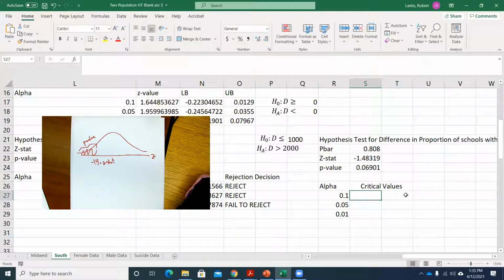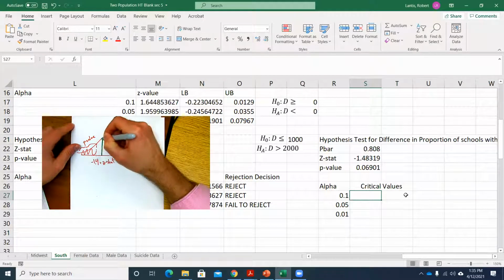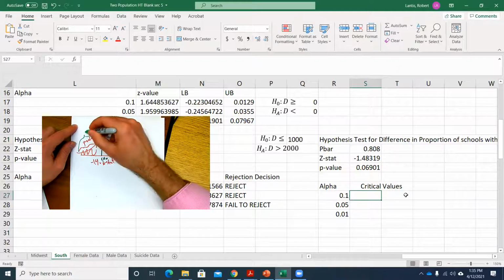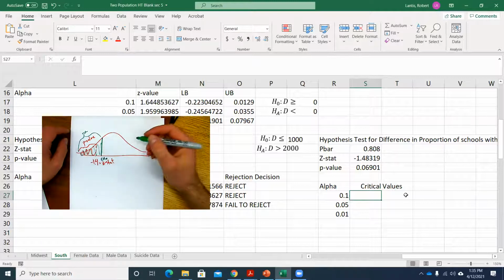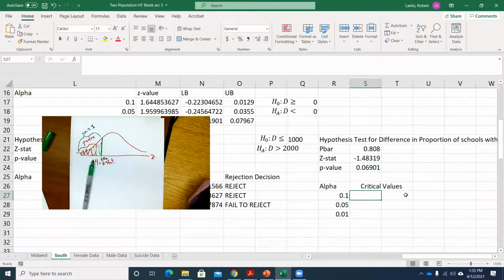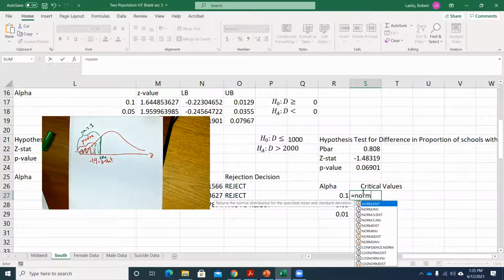So here's the critical value approach. The critical value approach is going to be, okay, what critical value gives me alpha in this lower left tail? If I look at an alpha of 0.1, in Excel, what I do is say, okay, I know the area in the tail, so NORM.S.INV.